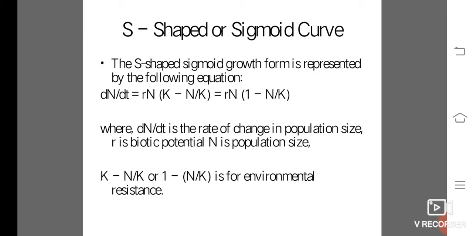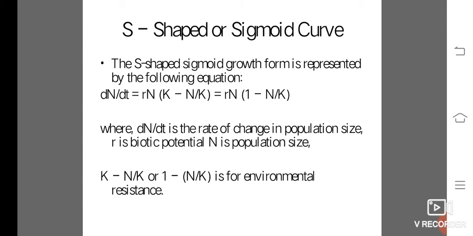The S-shaped sigmoid growth form is represented by the following equation, that is dN/dt = rN (K - N)/K, which is also equal to rN (1 - N/K), where dN/dt is the rate of change in population size, r is biotic potential, and N is population size.